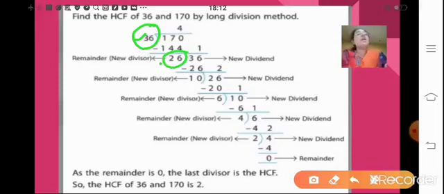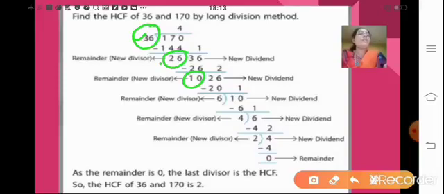Now again you divide it. You go on dividing it till you get the remainder as 0. Now 10 2s is 20. 26 minus 20 is 6. Now 6 is your remainder, so that will become your divisor and this 10 will become your dividend here. Correct? Now 10 when divided by 6, 6 ones are 6. 10 minus 6 is 4.